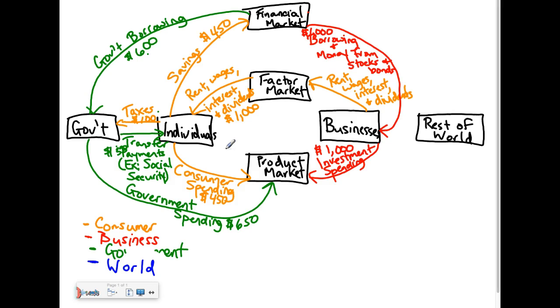So what happens is that we are going to go and buy some of their products. So what is it called when we go and buy some of their products? Imports, right? So we are going to go to the product market, because that's where you go and get goods and services. So you will go to the product market to buy foreign goods and services.